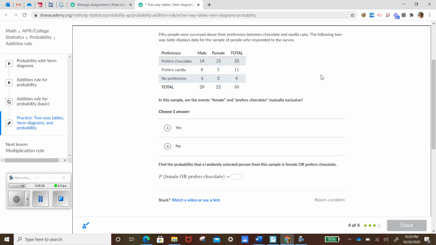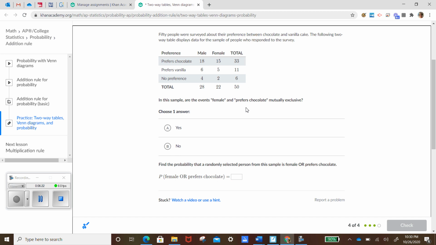"50 people were surveyed about their preference between chocolate and vanilla cake. The following two-way table displays data for the sample people who responded to this survey." So we have those who prefer chocolate, those who prefer vanilla, those who have no preference, and genders and totals.